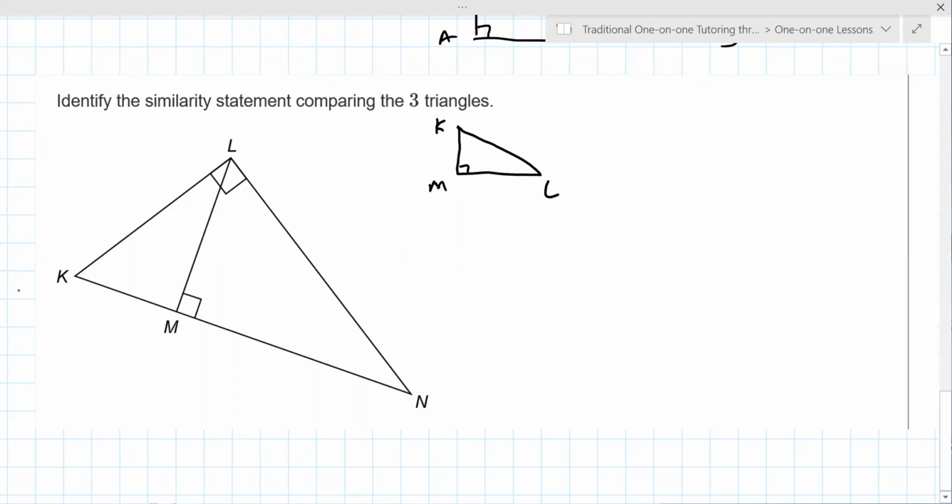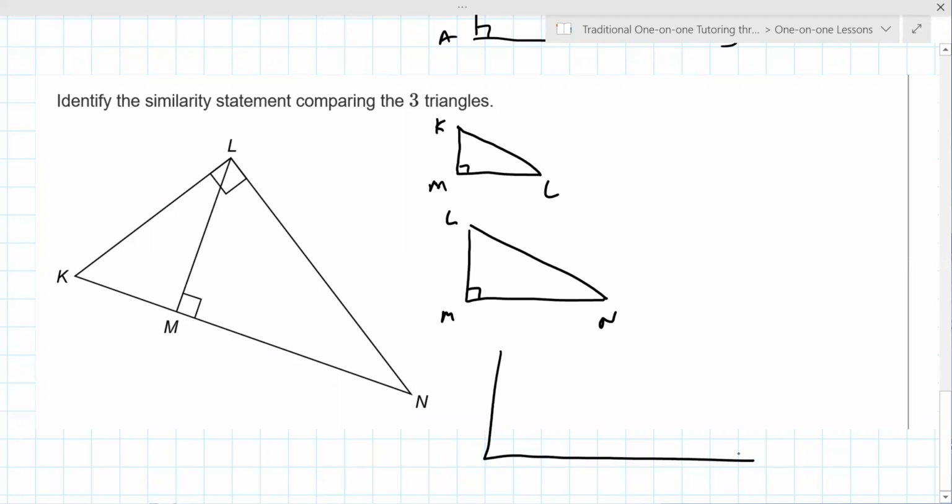KML here. The medium one is LMN. And then the big one, the big mamba jamba. So that's the short leg. K to L is the short leg, and then it's reoriented, but you get the idea, right?